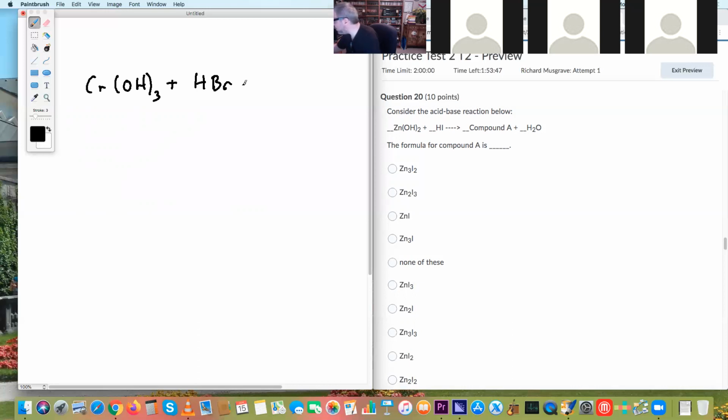Okay, let's do that one. So the products are this compound A plus water, and your mission is to figure out what compound A is. So I'd like all 3 of you to try that. And we'll see how you do. This will really make sure you understand what you're doing.